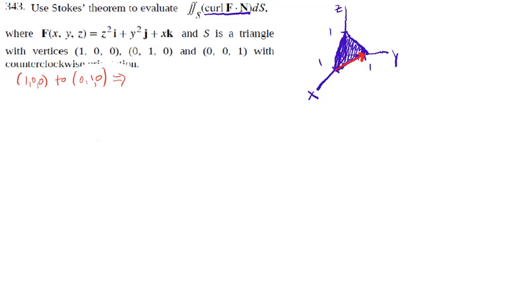So from the point 1, 0, 0 to the point 0, 1, 0 means that we would have a parameterization. Our curve would be what? We would want to say 1 minus t for x, 0, and then t, and then z would be a 0. So there would be the parameterization for this first curve.